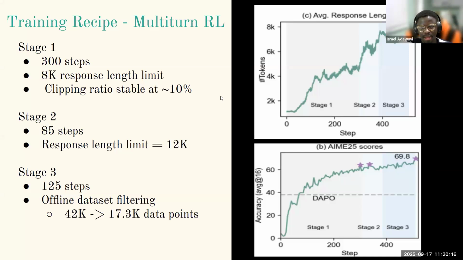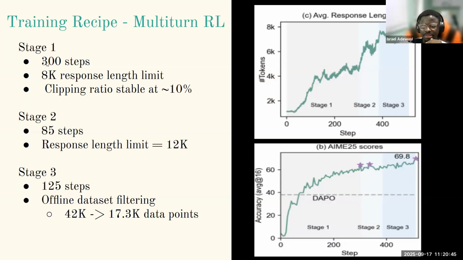So 3 stages basically. Stage 1 was like 300 steps. Starting with the SFT model, you train the model with an 8K context window limit, and they observed that on average the response length grew to about 4,000 tokens during the first stage.